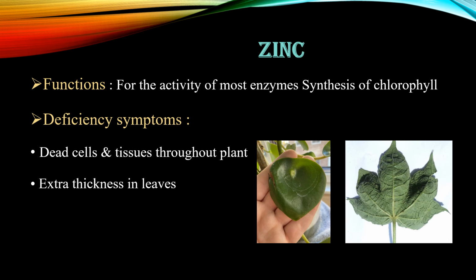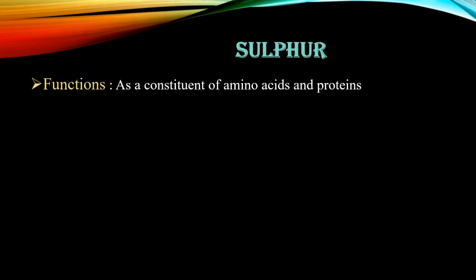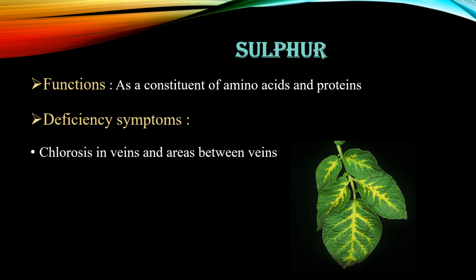Deficiency symptoms: dead cells and tissues throughout the plant and extra thickness in leaves. Sulfur. Functions: as a constituent of amino acids and proteins. Deficiency symptoms: chlorosis in veins and areas between veins.